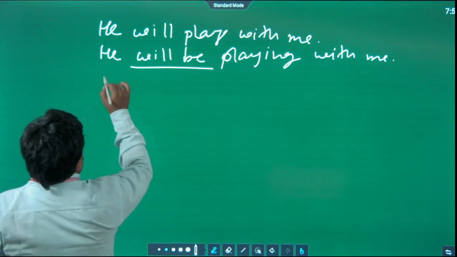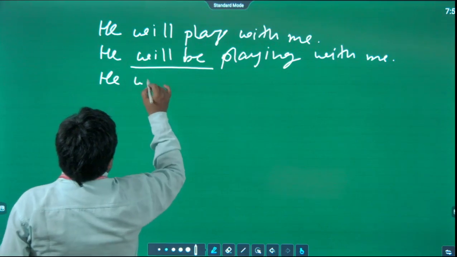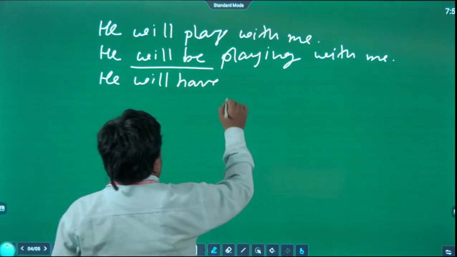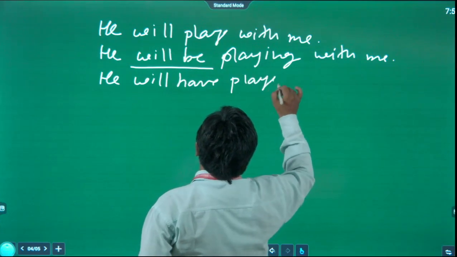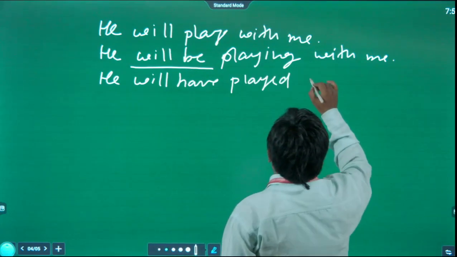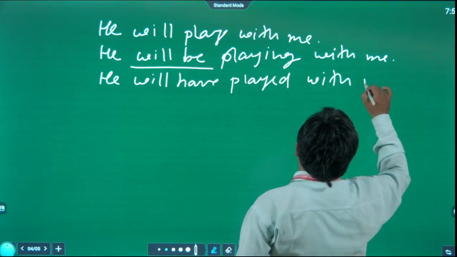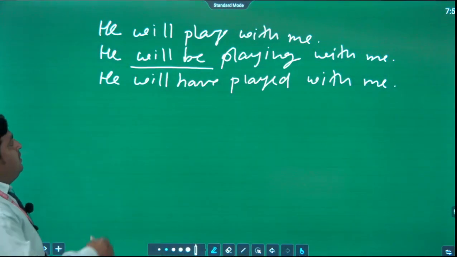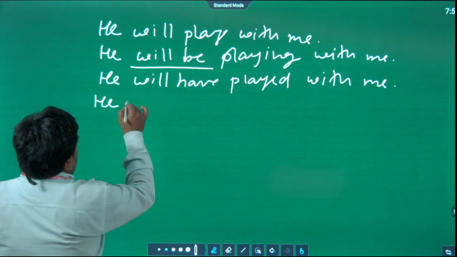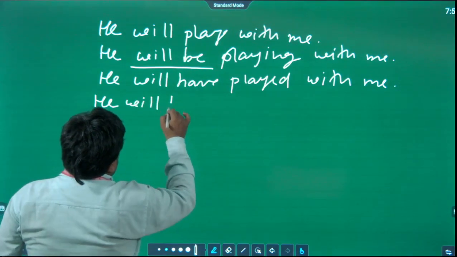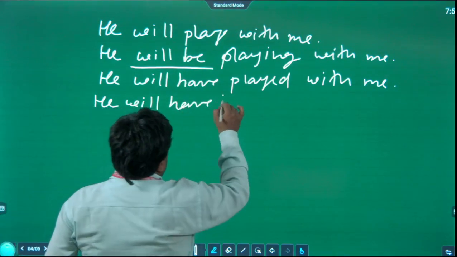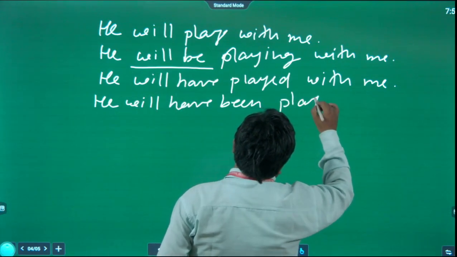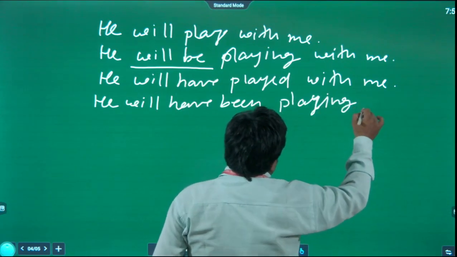In the perfect tense, he will have played, he will have played with me. And the last tense, he will have been playing with me.